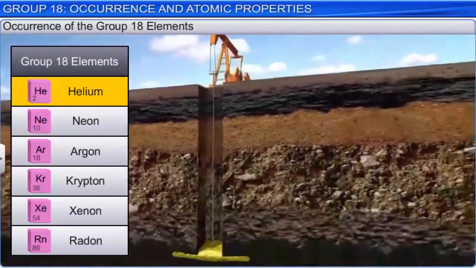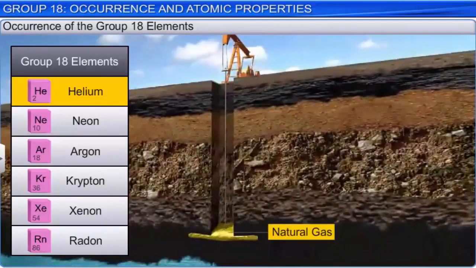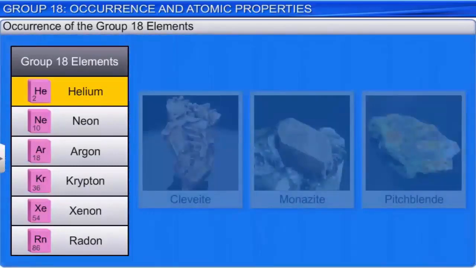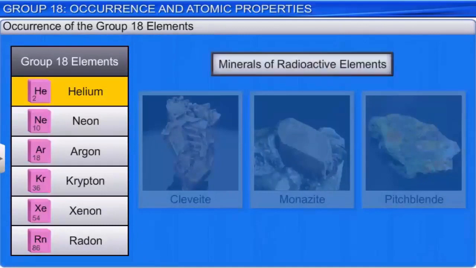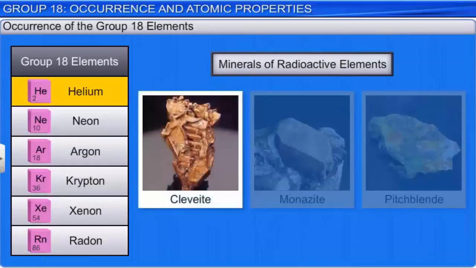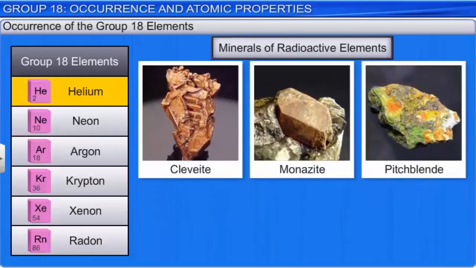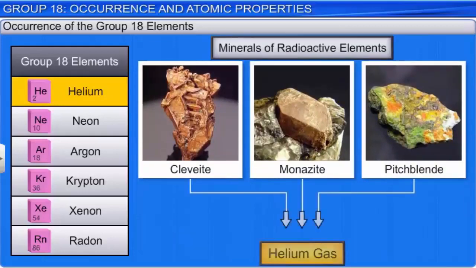Natural gas deposits are the most important commercial and economical source of helium. Helium is also found in the minerals of radioactive elements, uranium and thorium, such as clevite, monazite, and pitchblende. These minerals give off helium gas on being chemically treated.